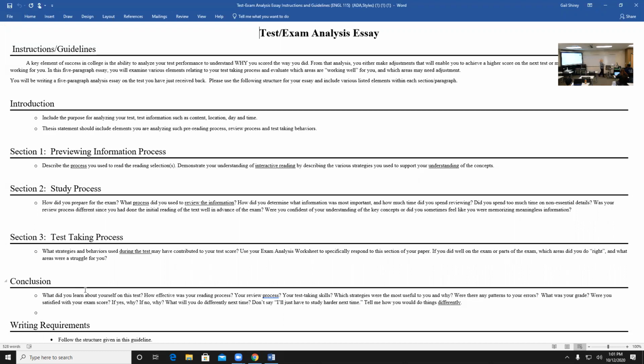So your introduction has to include things like why you are writing what you're writing, and content, location, day, and time. So you could say something like, one of the reasons that I went back and analyzed my test was for the purpose of seeing what I did well and what areas I might need to improve on in the future.